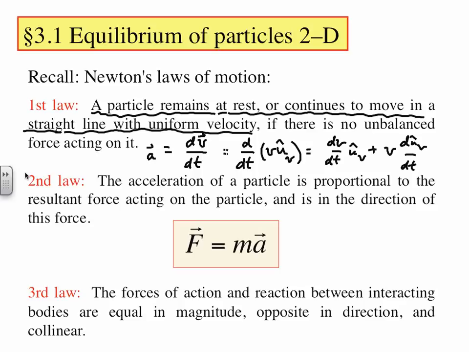The second law expands upon the first law by providing a quantitative relationship between the net force and the acceleration. The force required to achieve a given acceleration for a particle of a given mass is the product of mass and acceleration. Alternatively, the acceleration experienced in the presence of a given net force can be written as 1 over the mass times the force.